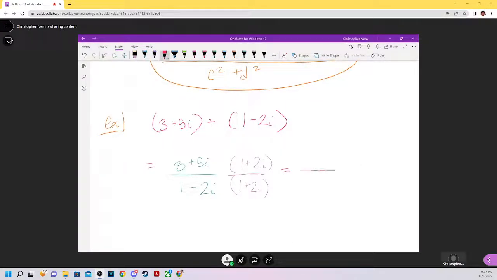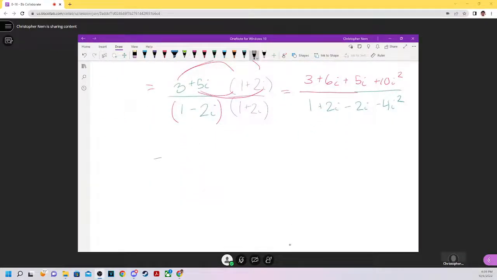for my numerator, 3 plus 6i plus 5i plus 10i squared. I'm distributing it out. And then my denominator, I'm going to get 1 plus 2i minus 2i and then minus 4i squared.